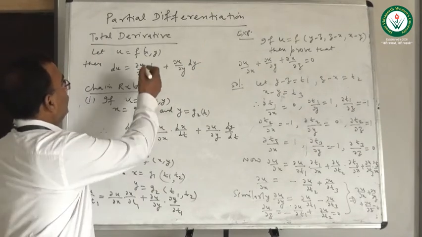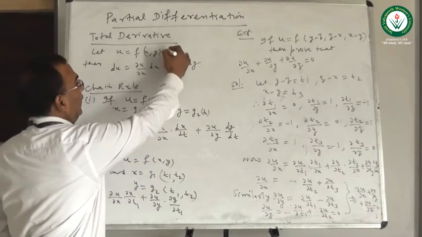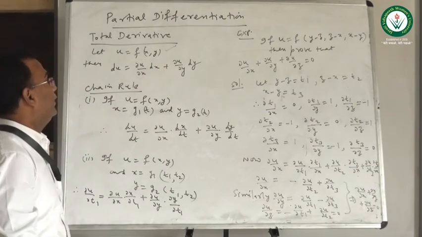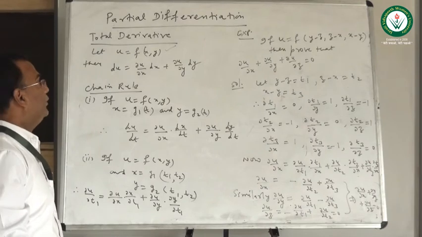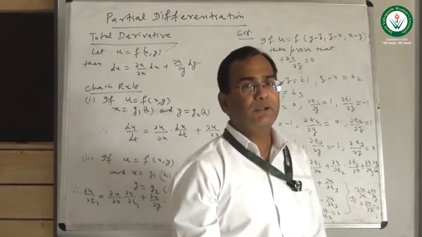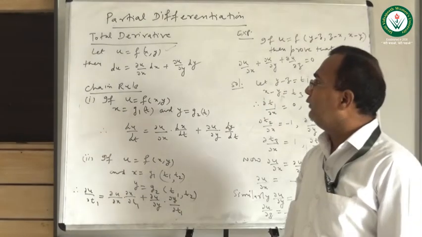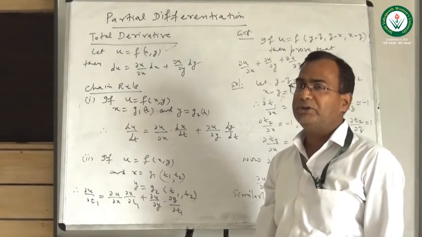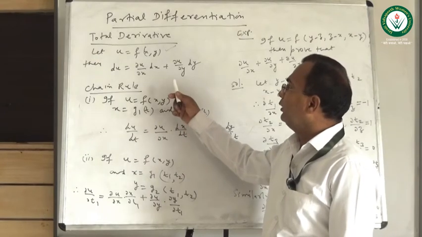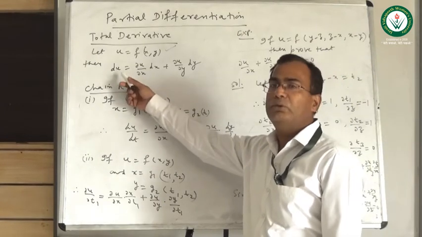First, suppose u is a function of two variables x and y. Because u depends upon more than one variable, we need the concept of partial differentiation, and here the total derivative is given by du.